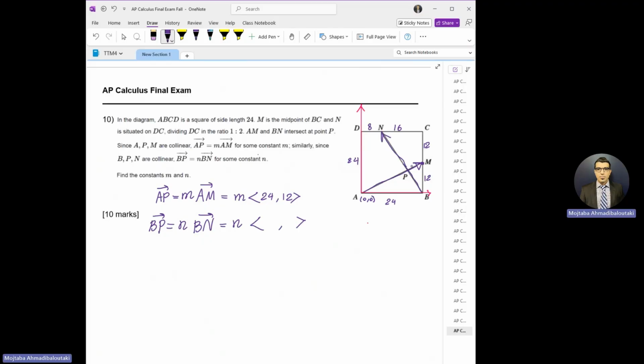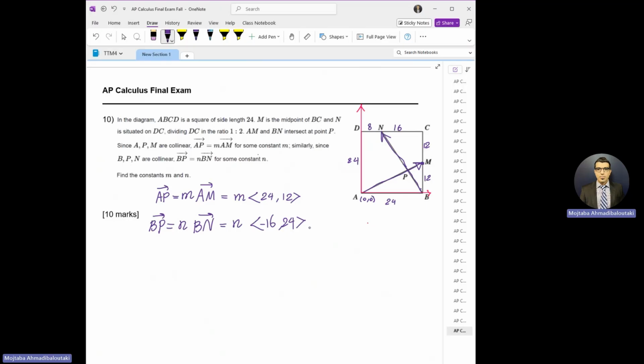This vector in the x direction is going 16 in the negative direction, so that's negative 16, and 24 in the y direction. There you go. So we describe these vectors in our coordinate system here.